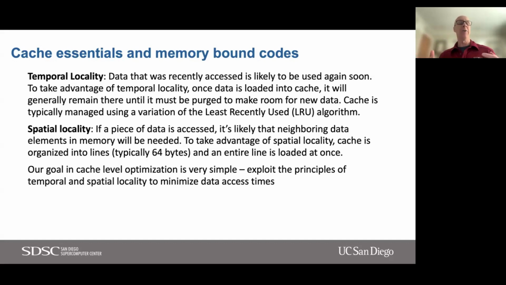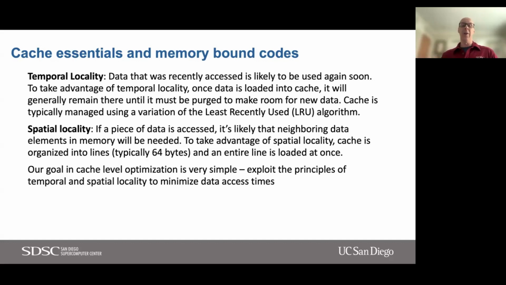So data that's in the cache that is the stalest is going to be pushed out first to make room for new data. The concept of spatial locality is that if a piece of data is accessed, it's likely that neighboring data elements in memory will also be needed. So to take advantage of spatial locality, cache is organized into lines. I say here typically 64 bytes. I have to say over the past few decades, I've never seen any processor that's used anything other than 64 bytes, and the entire line is all loaded at once.